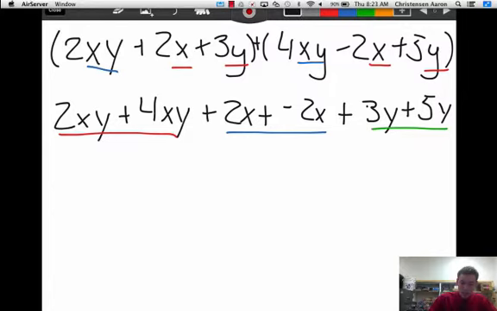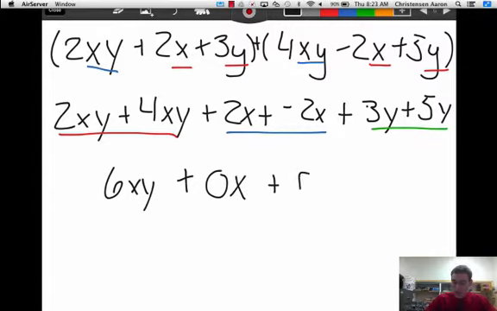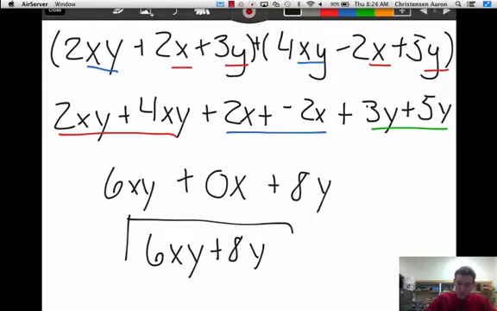So we end up with 6xy here. And positive 2 and negative 2, they cancel. So we end up with plus 0x, and then we have 3y and 5y to get us positive 8y. So when it's all said and done, we have 6xy plus 8y. And that's our final answer. All right.